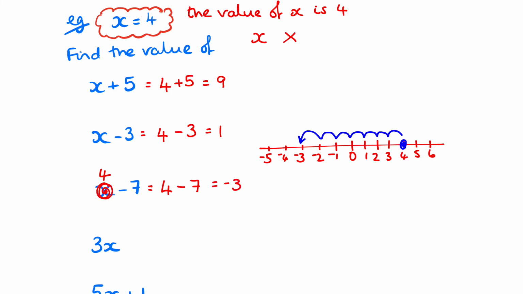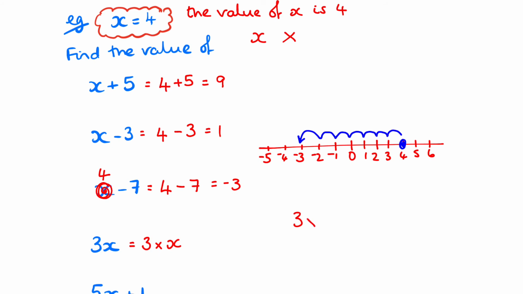Okay, now back to our rules of algebra. 3x means 3 times x. Remember, I told you that if the number and letter are stuck together, it means times. It means 3 lots of it. And this is why I write my x's curly, because otherwise we would have written 3 times x there. And what does that even mean?